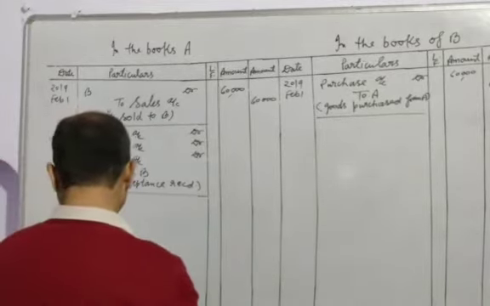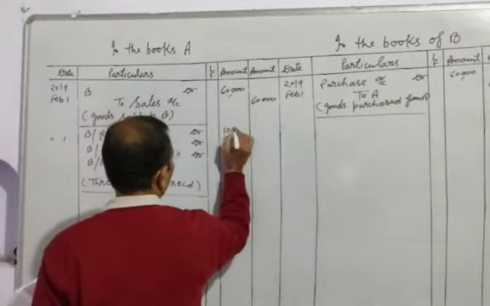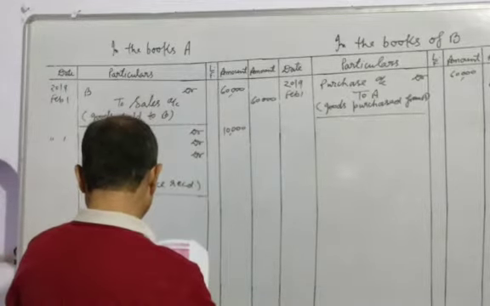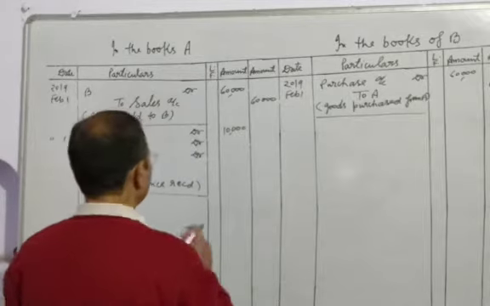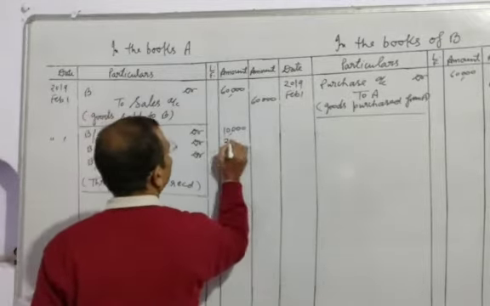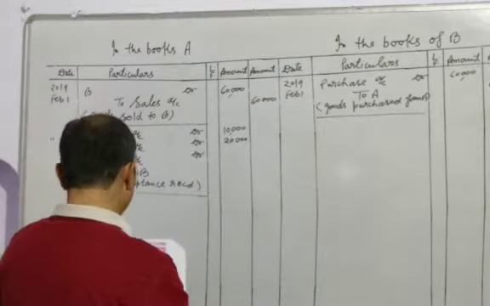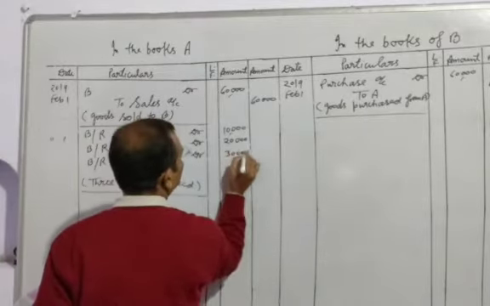The first bill is of 10,000. In the debit column, we will write 10,000 against BR1, and the second bill was of 20,000, and the third bill is of 30,000.